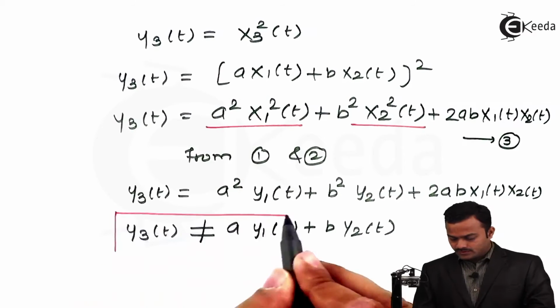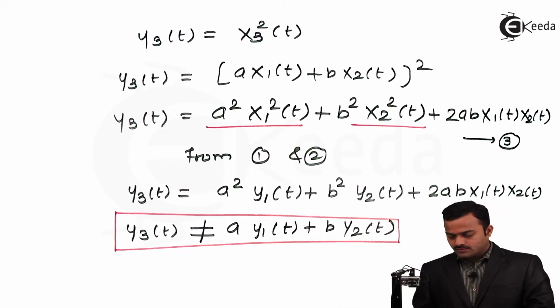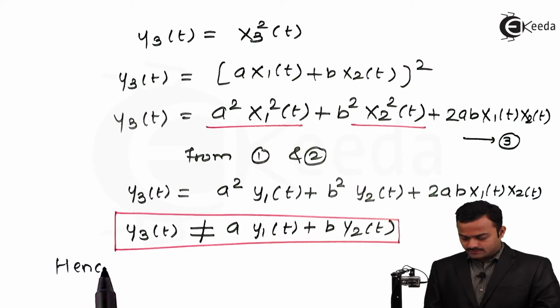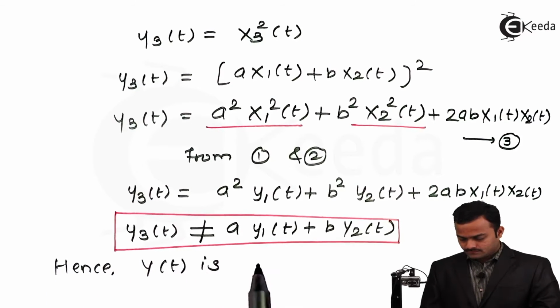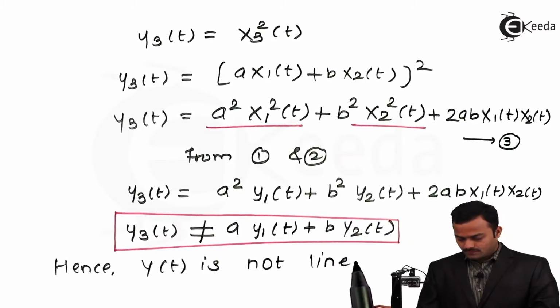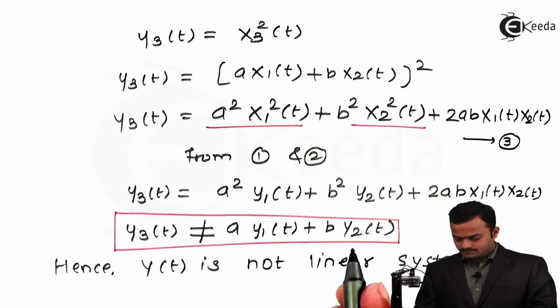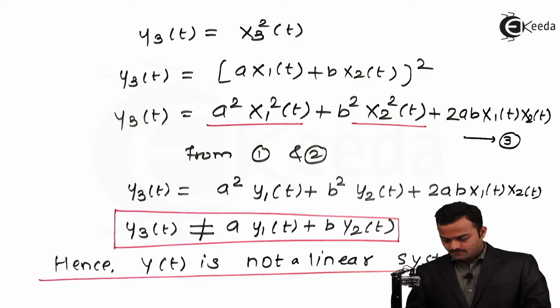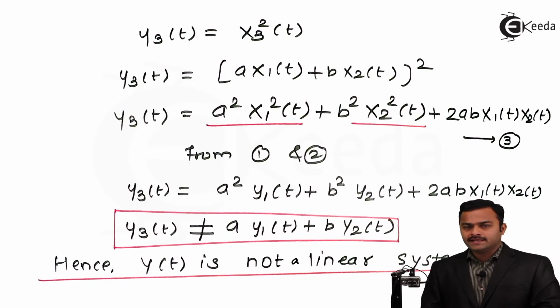This is the most important equation, and it does not satisfy the properties of homogeneity and superposition, hence the system is not linear, or you can say a non-linear system. So this is about linearity.